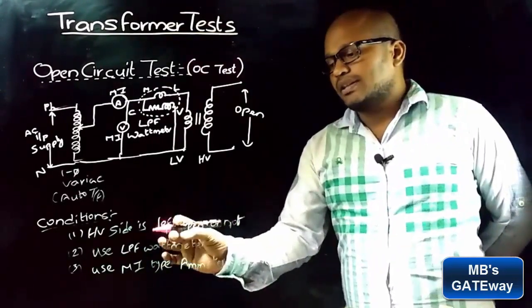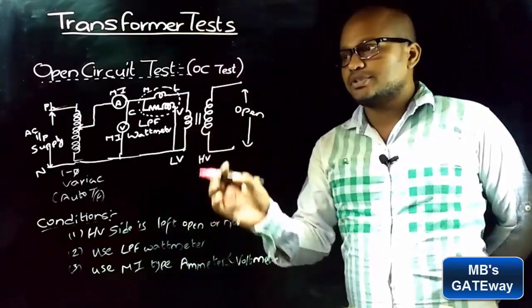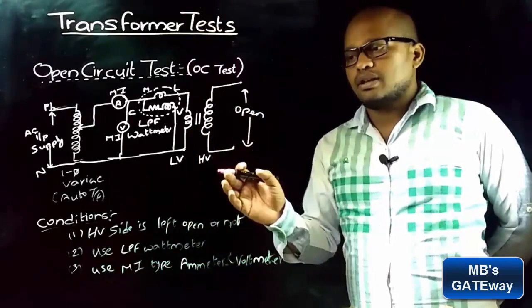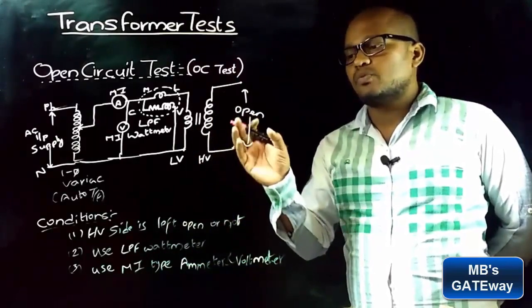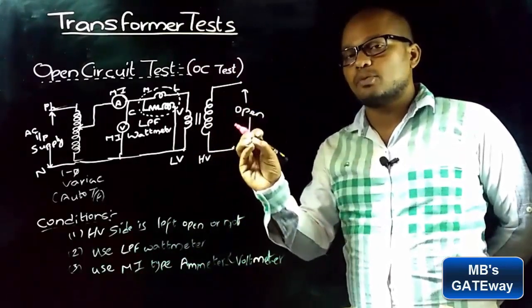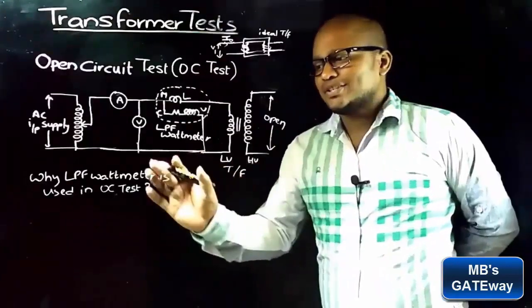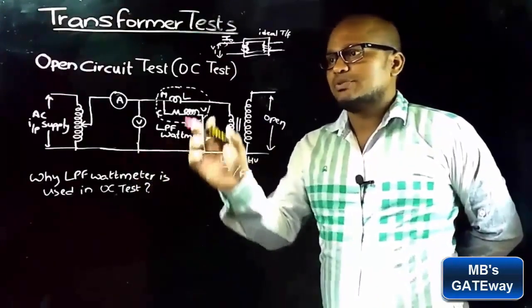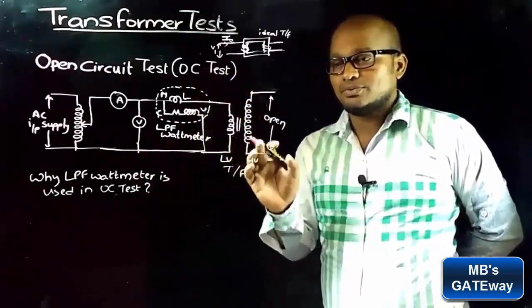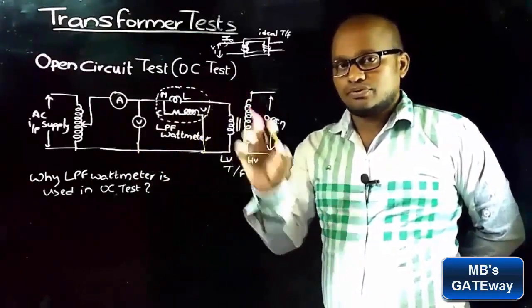First, let's discuss why an LPF wattmeter is to be used in open circuit test, and then we will discuss what happens if the test is performed on the HV side with the LV side open. Now let's discuss why an LPF type of wattmeter is to be used in open circuit test to measure the input power of the transformer.